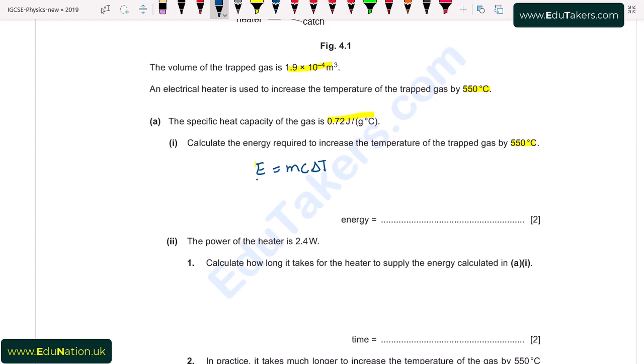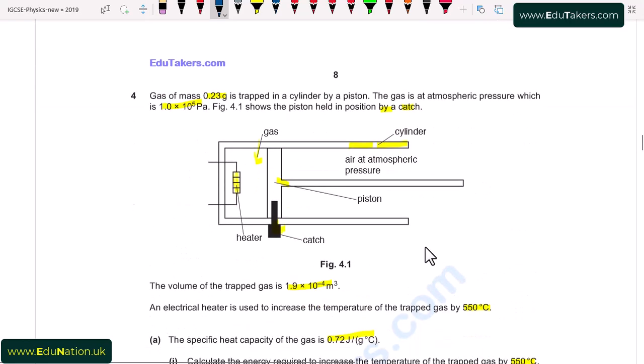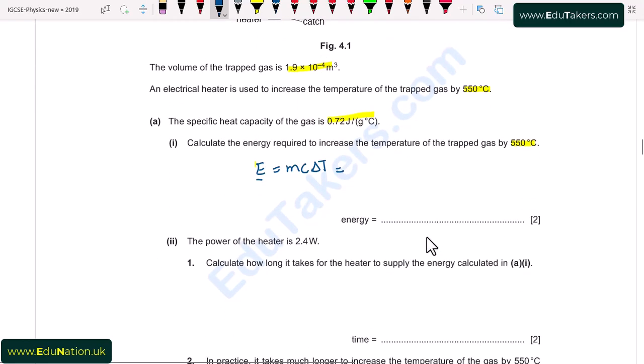Mass is given in this question, that is 0.23 gram. So I write here 0.23 multiplied by specific heat capacity 0.72 multiplied by the change in temperature 550 degrees C. So the amount of energy comes to be 91 joules. So I write here energy is equal to 91 joule.